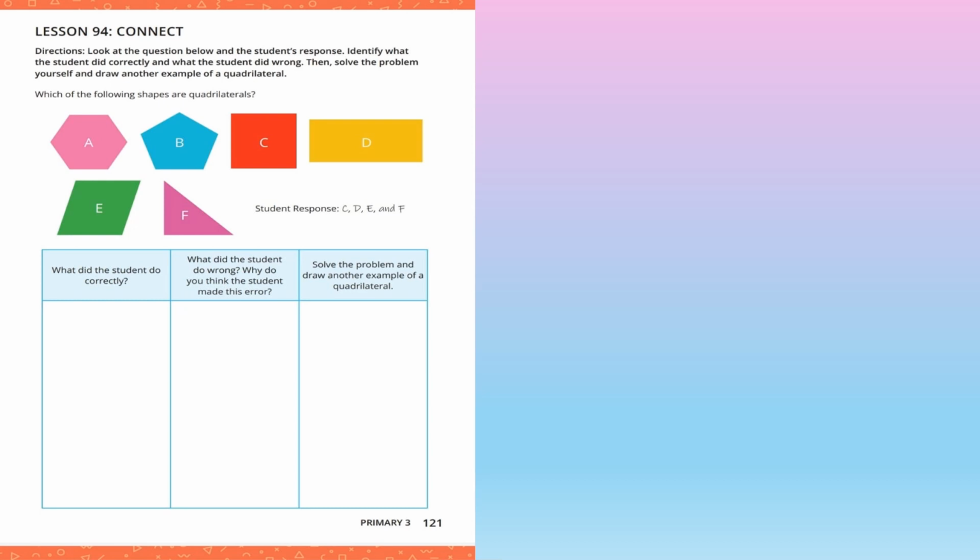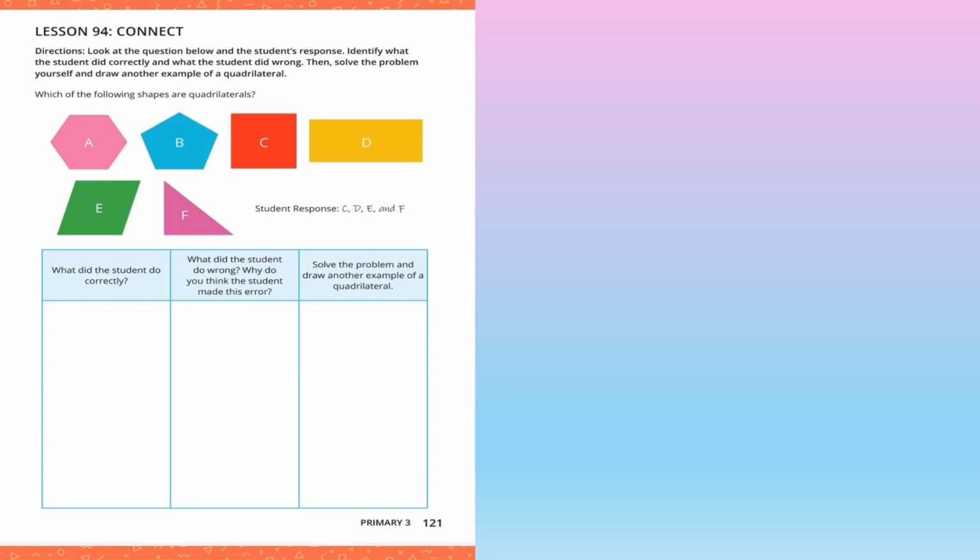Lesson 94. Which of the following shapes are quadrilaterals? Here we have some shapes and I want to know which of these are quadrilaterals. The student said that C, D, E, and F are quadrilaterals, but this is wrong.